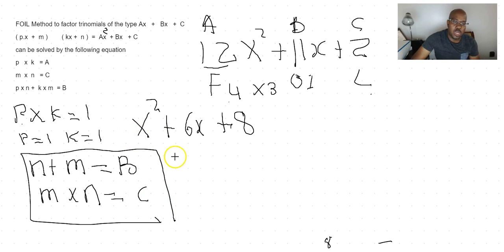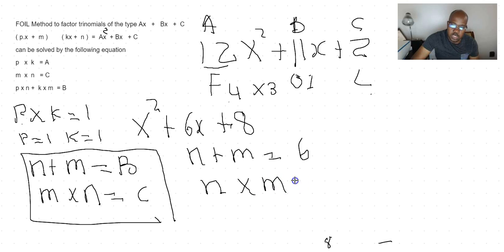I'm going to have something easier, n plus m equal b, which in this case is 6, and n times m equals c, which in this case is 8.